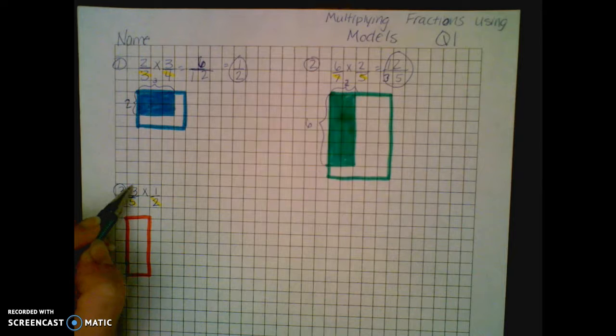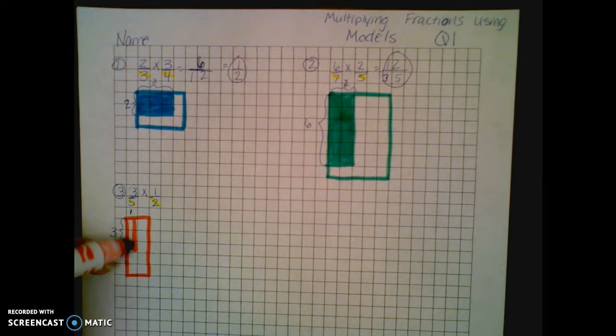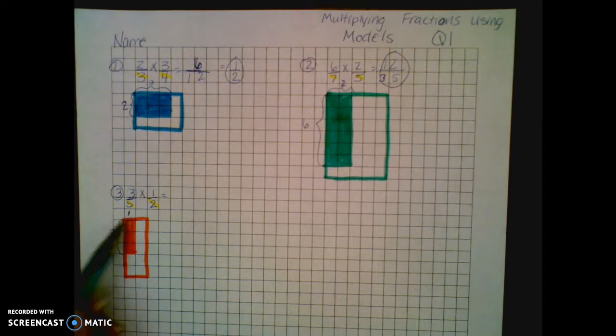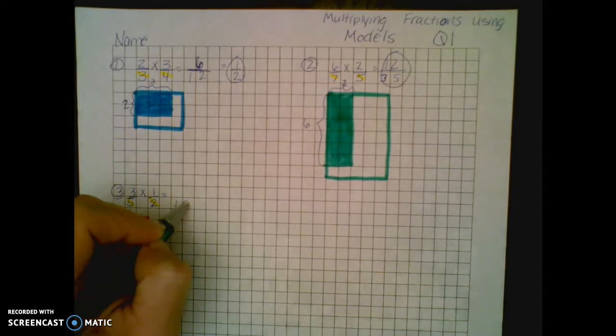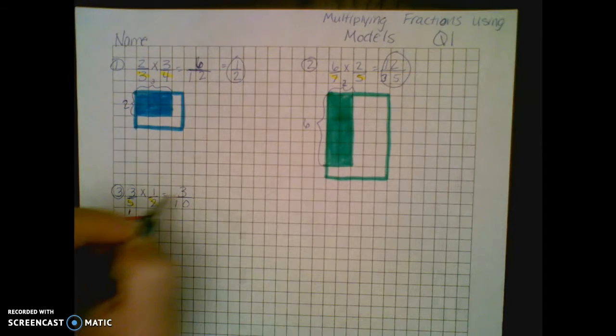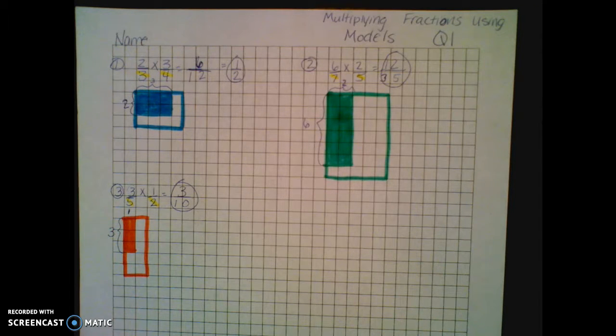Because I need 3 of those fifths and 1 of those halves, I'm going to shade in a 3 by 1 rectangle. This will show me my product. How many make up the whole model? 1, 2, 3, 4, 5, 6, 7, 8, 9, 10, and 3 of those have been shaded in. So I have 3/10. That's my product. Again, if you are noticing any patterns, make sure you write those down.